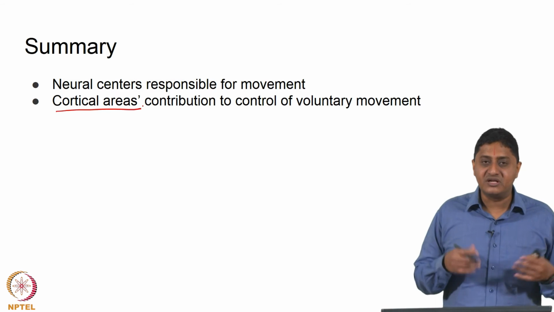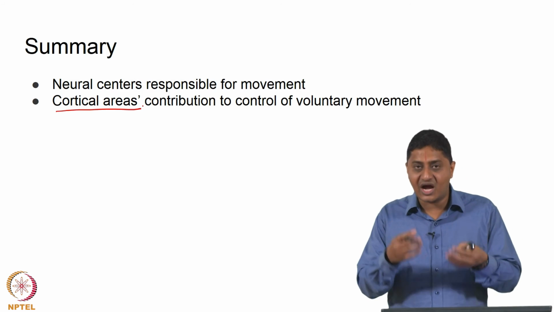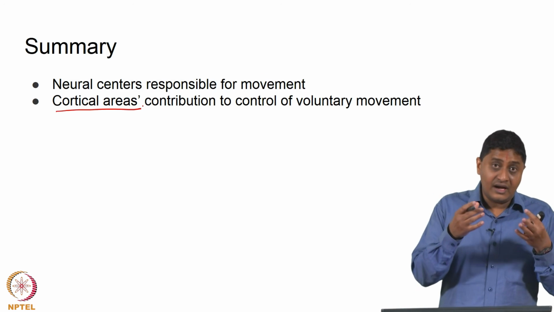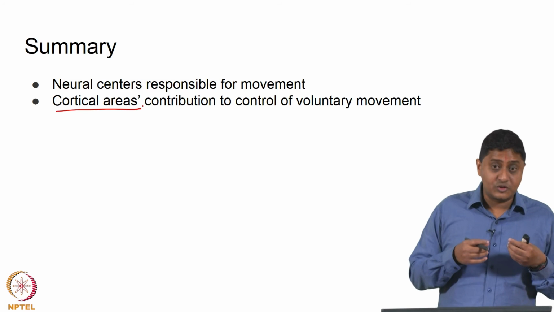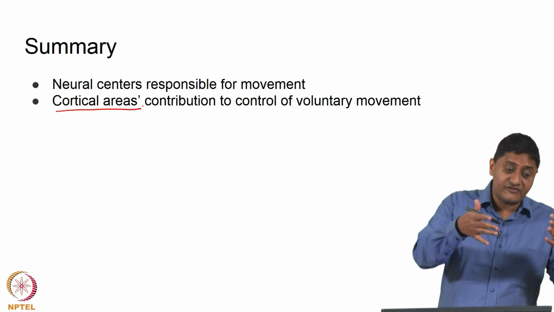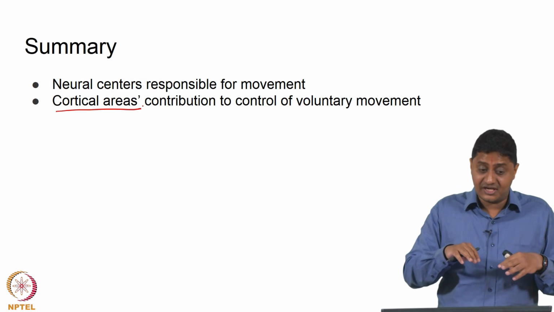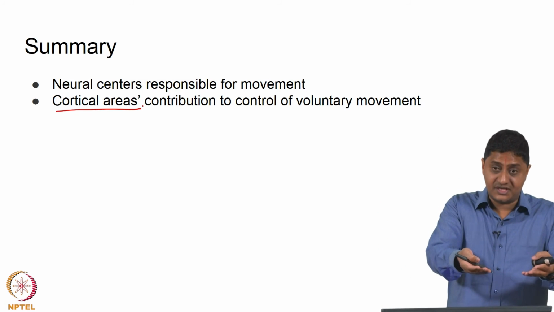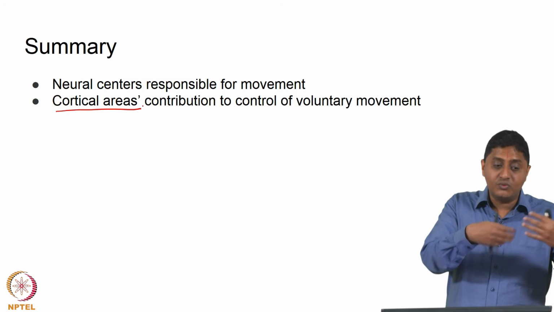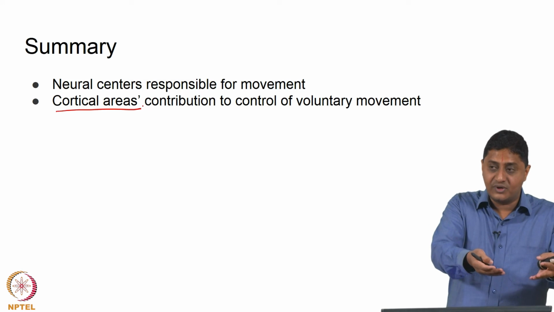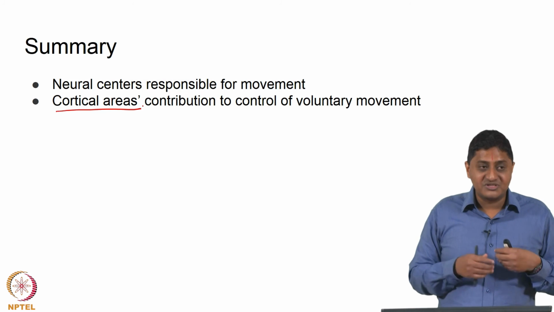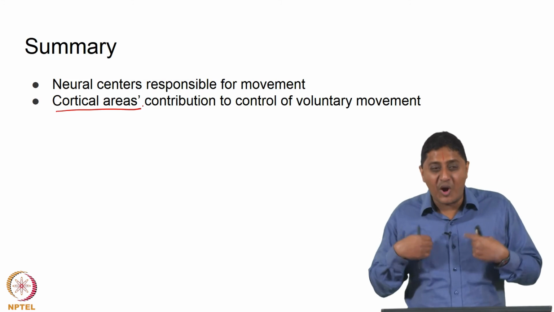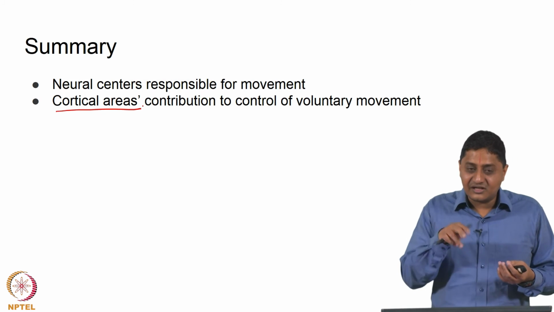This could be at multiple levels: the perceptual level, the cognitive level, the motor control level, the level of transformation of an extrinsic kinematic to an intrinsic kinematics. So, to achieve what I have to do in the outside world, what are the movements that my body has to make, that transformation.